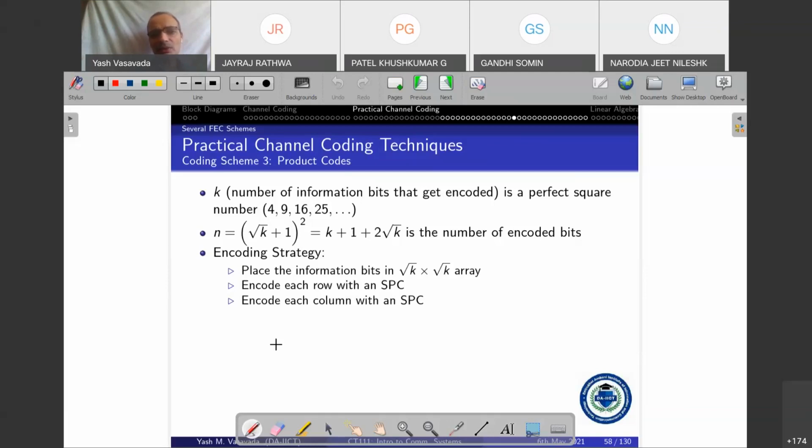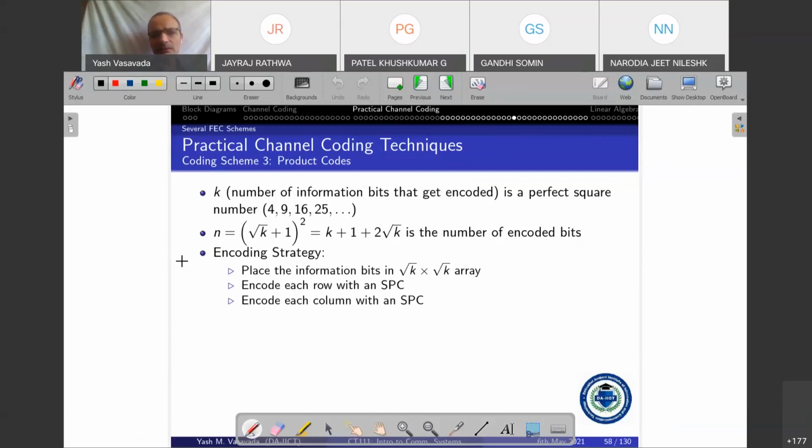It is called square because the number of information bits is always a square number, either 4, 9, 16, etc. And the number of encoded bits is also square. It is essentially the square root of k plus 1, whole squared.